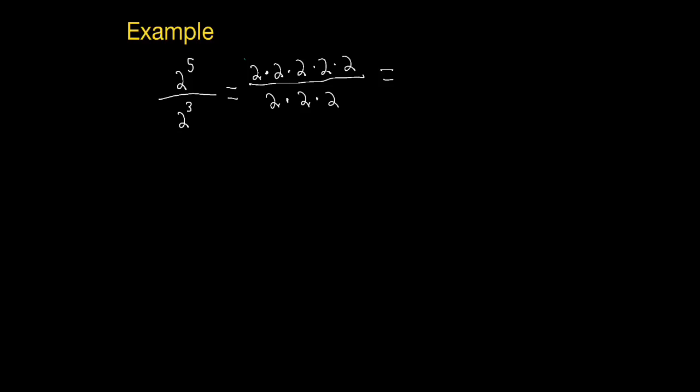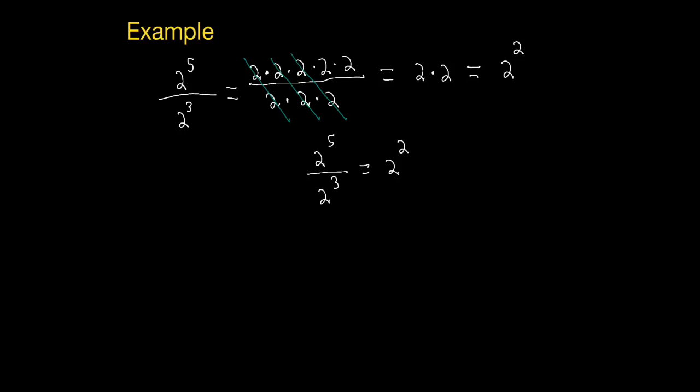So here we can cancel these 2's, we can cancel these 2's, and we can cancel these 2's. So there's nothing left in the denominator, and in the numerator we have 2 times 2, which if we write in exponential form, is just 2 to the 2nd power. So we get that 2 to the 5th over 2 to the 3rd is the same thing as 2 to the 2nd power.